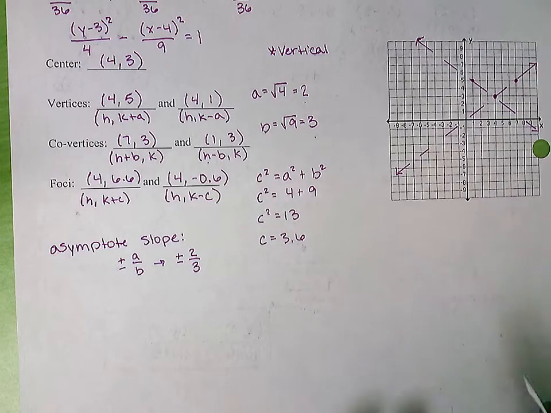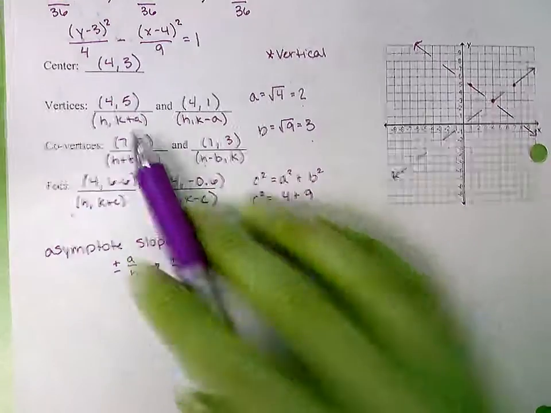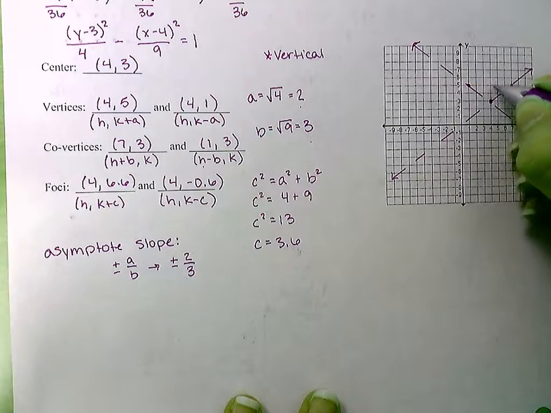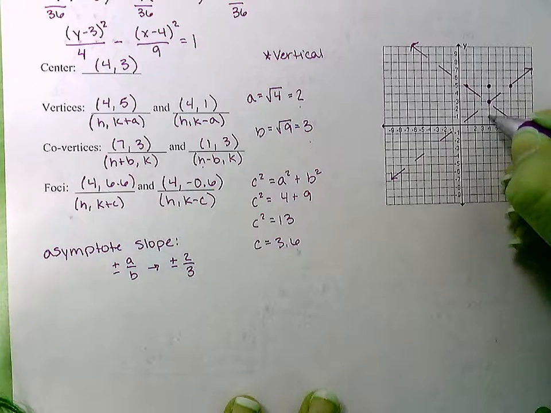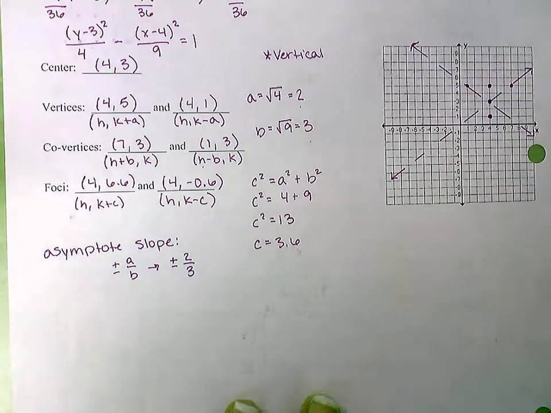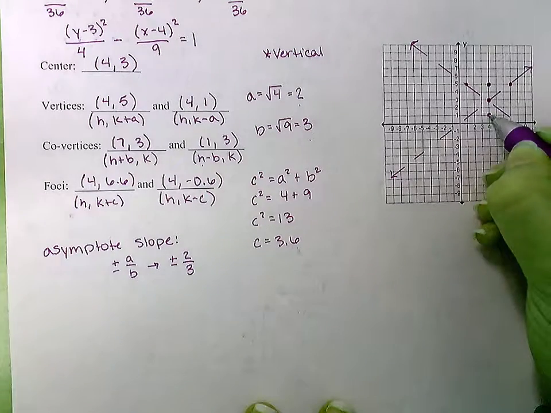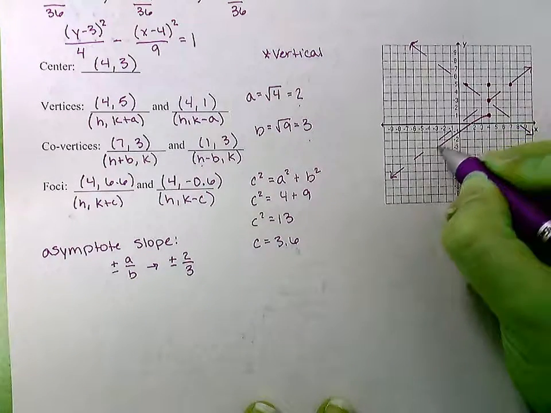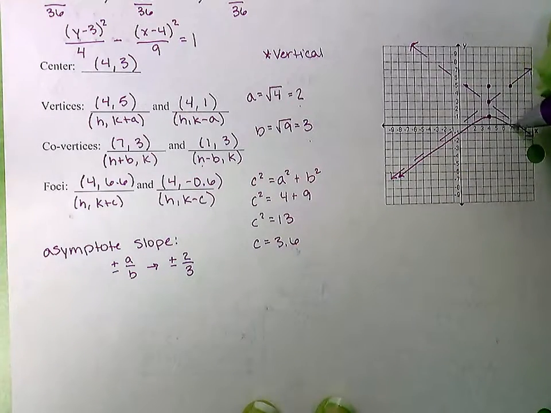And then you want to plot your vertices. So I have a vertice at 4, 5 and 4, 1. Okay, from here you can make your hyperbola. Again, it should round and get closer to that asymptote, but never cross it. Same thing here.